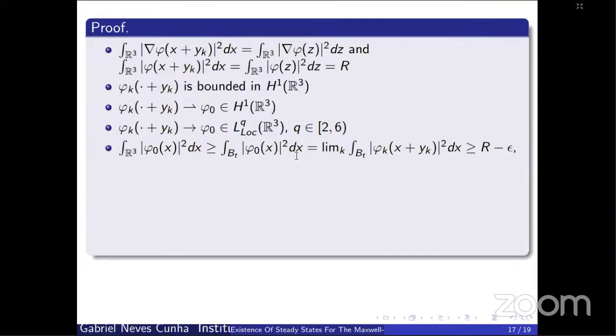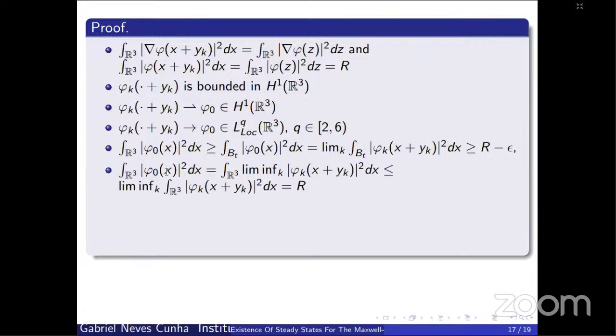This is equal to this because of the strong convergence, in particular the norm of the sequence converges to the norm of the limit. So this is larger than this by the lemma. On the other hand, by Fatou's lemma, we show that this number is less than the ratio.